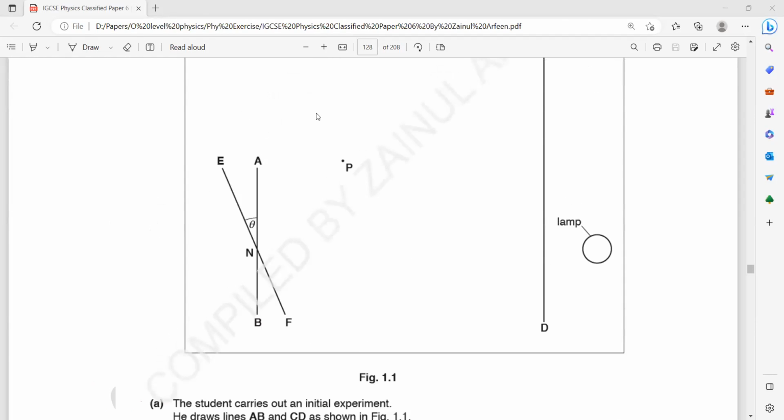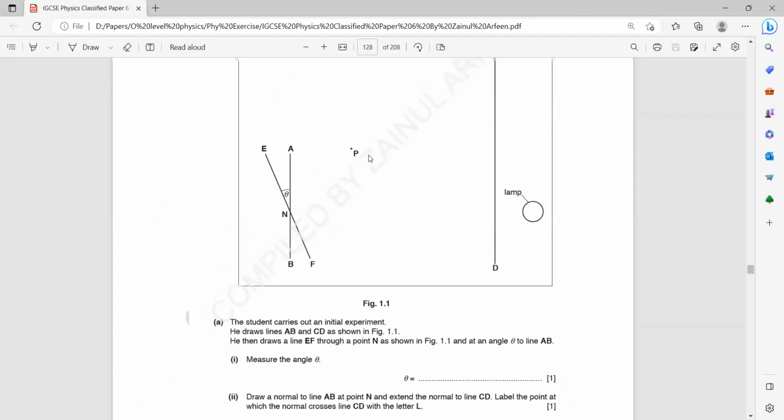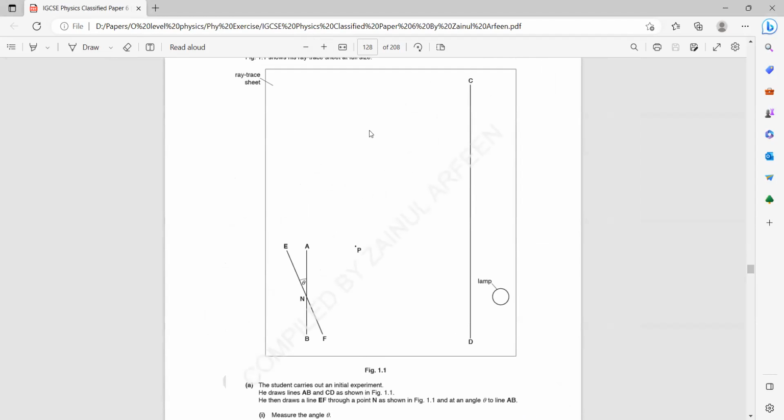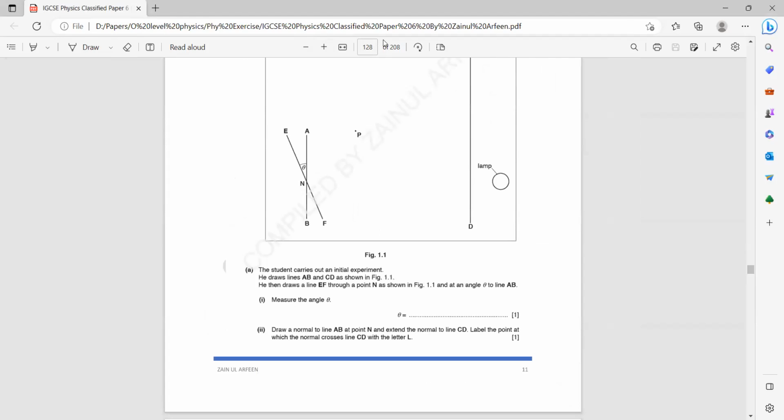So this one is AB. You can see this one is line AB, and this is point N. So we have to draw a normal to the line AB. Normal is always perpendicular.